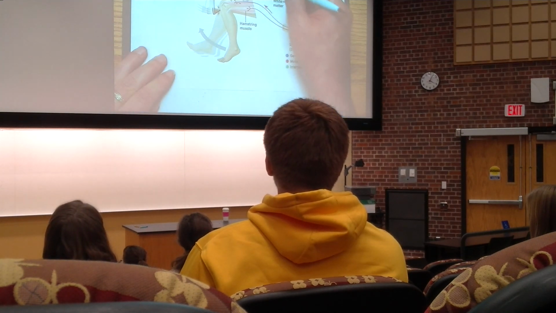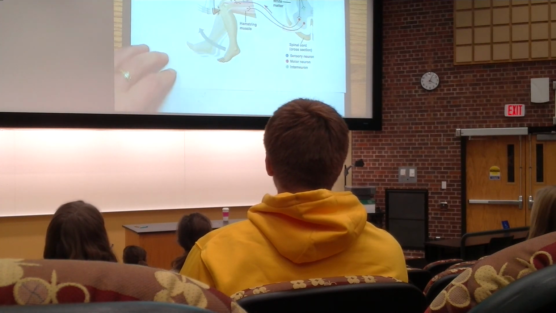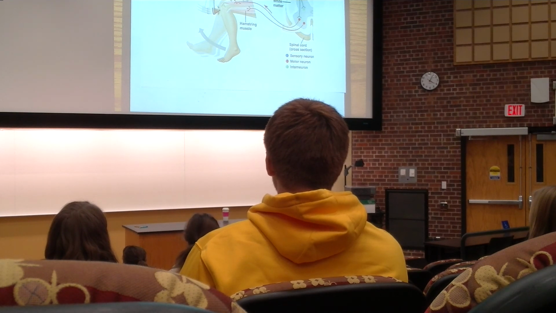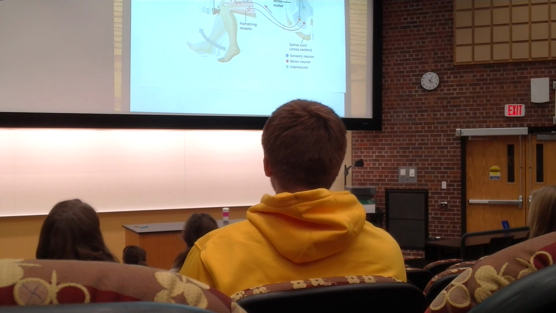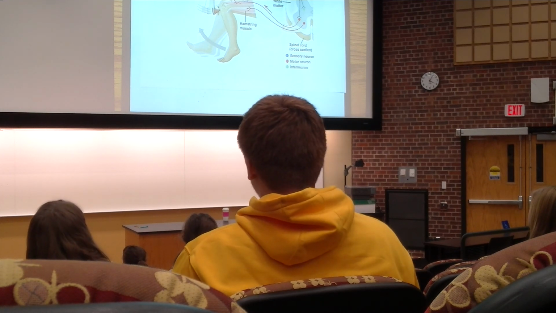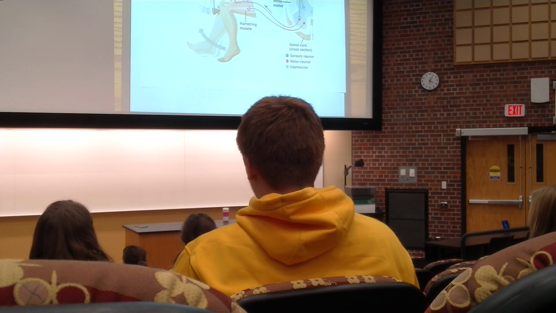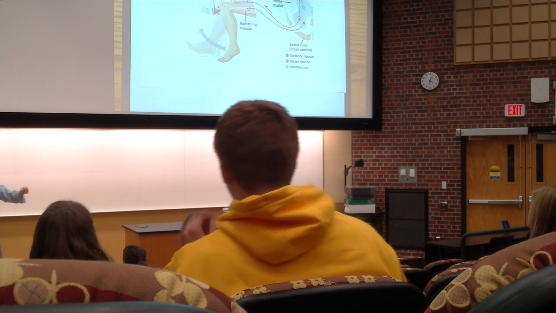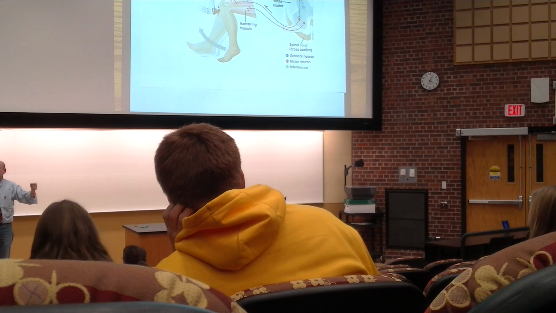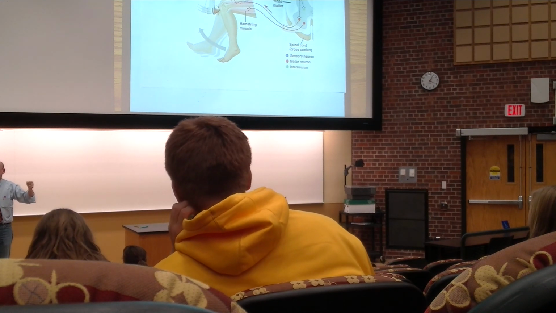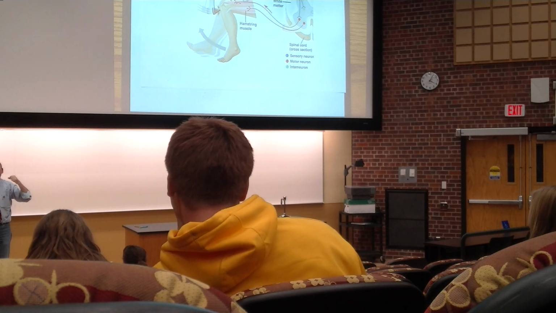In blue here, there are sensory neurons that make contact with every muscle in your body and provide information about how much that muscle is being stretched, how much it is contracted. Your brain is getting information about all 700 plus muscles in your body and whether they're contracted or whether they're not.